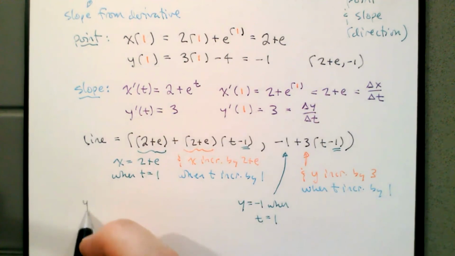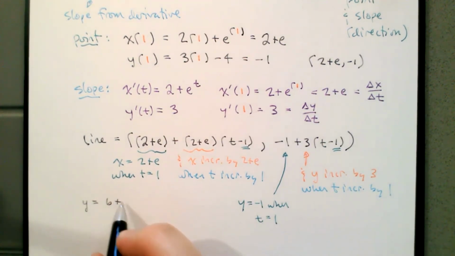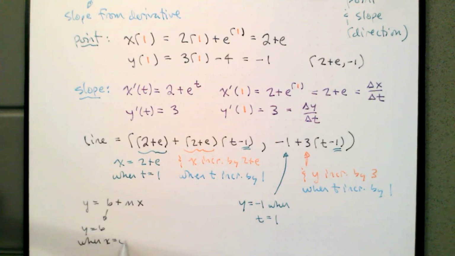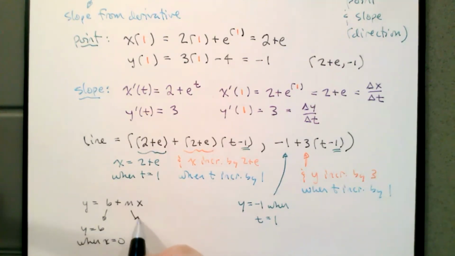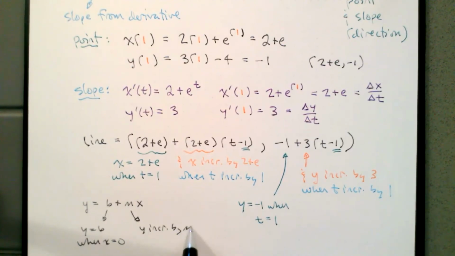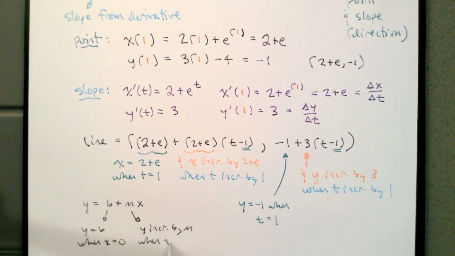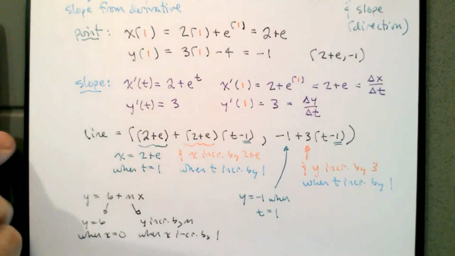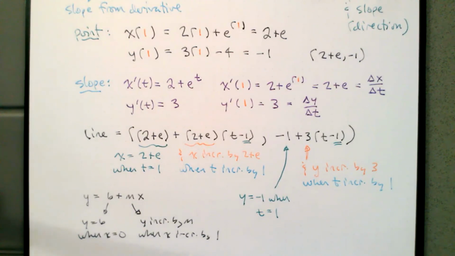If I write y equals b plus m times x, this b says y equals b when x equals 0, and the m tells us that y increases by m when x increases by 1. That's what b plus mx means. And this is just a variation.